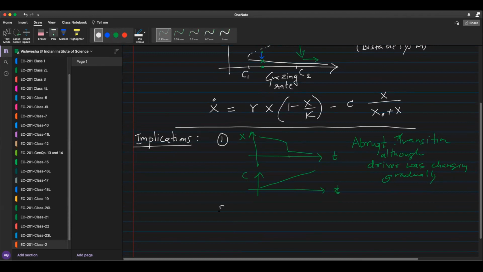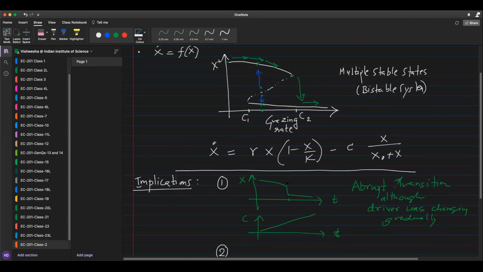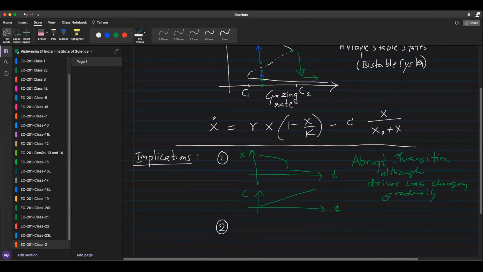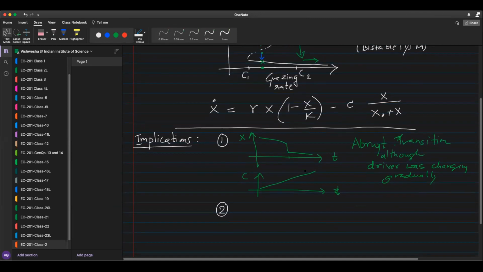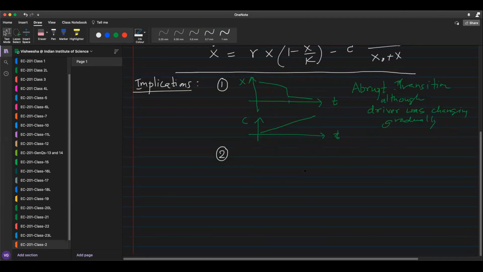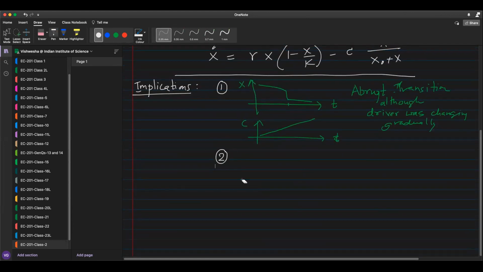Now, what's the second implication? What other implications are there? To understand that, let's say we have noticed that a system has undergone a collapse, right? Now let's say we try to reverse this. What does it mean to reverse?